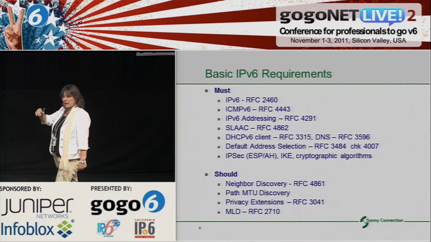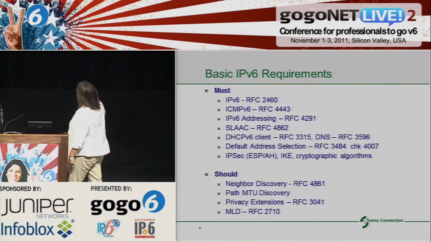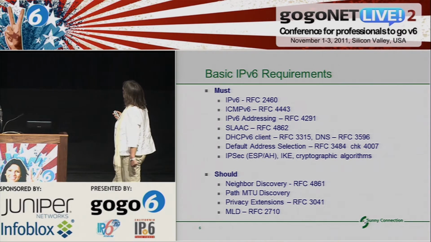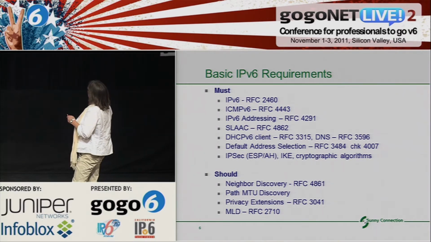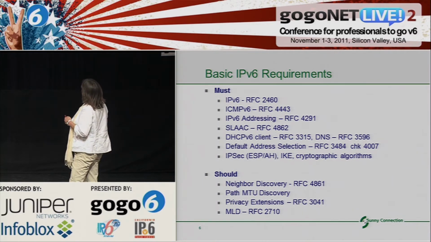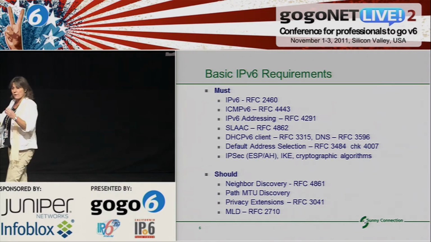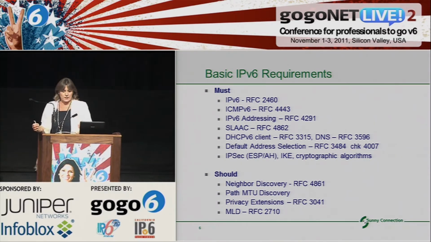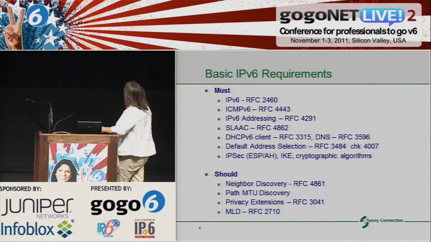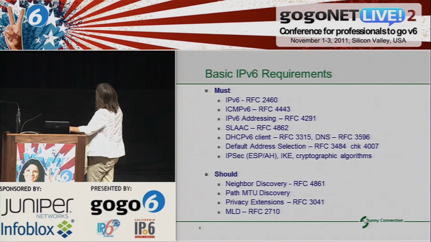So you start building your list of the must options that you want to have, like basic IPv6 support per RFC 2460. You want ICMPv6. You want the IPv6 addressing RFC covered fully. You want to be able to do stateless address autoconfiguration. You probably need a DHCPv6 client, etc. So you make this list of what you definitely must have, and then other things that you should have in your devices.